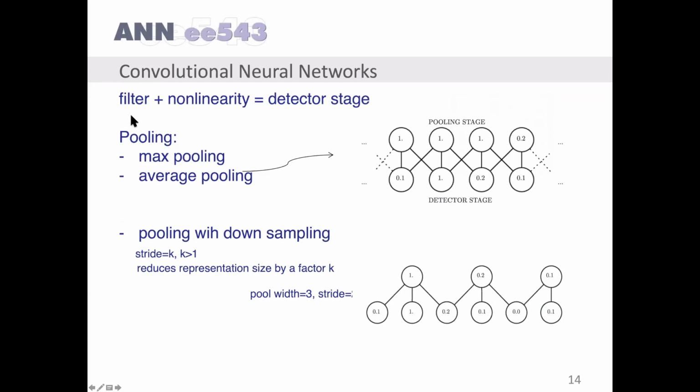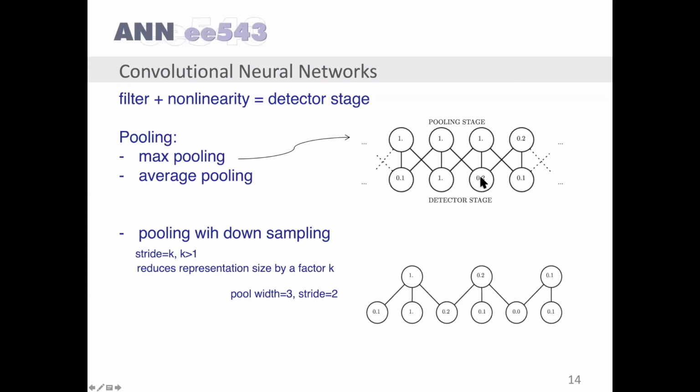If we apply a filter and then nonlinearity, this is called the detector stage. And after that, we have a pooling stage, which may be max pooling or average pooling. In max pooling, we are considering the maximum value. This is the output of the detector stage. And in max pooling, we are considering the maximum value on which the pooling filter is applied.